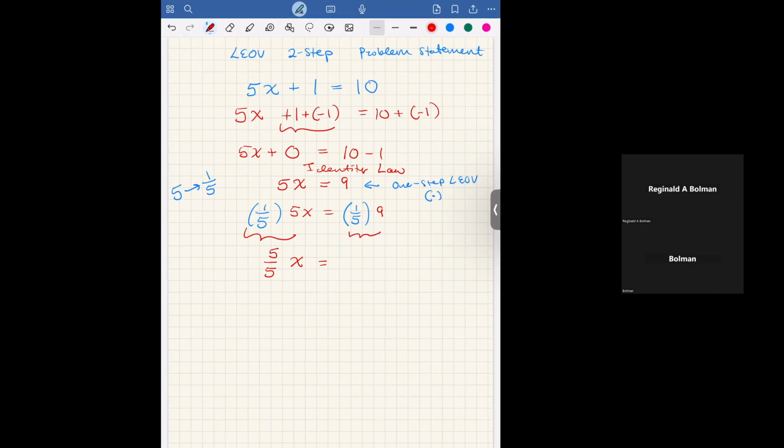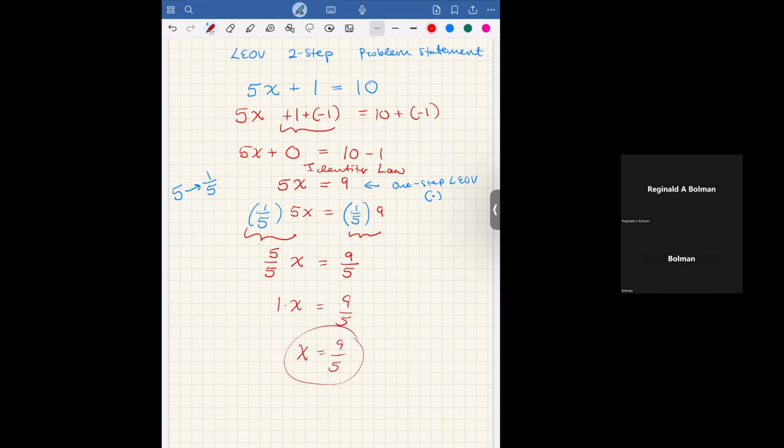And on your right-hand side, you've got 9 times 1 over 5, which is just going to give you 9 over 5. 5 divided by 5 is 1. And 1 times x is just x. So you've got x is equal to 9 over 5. Cool?